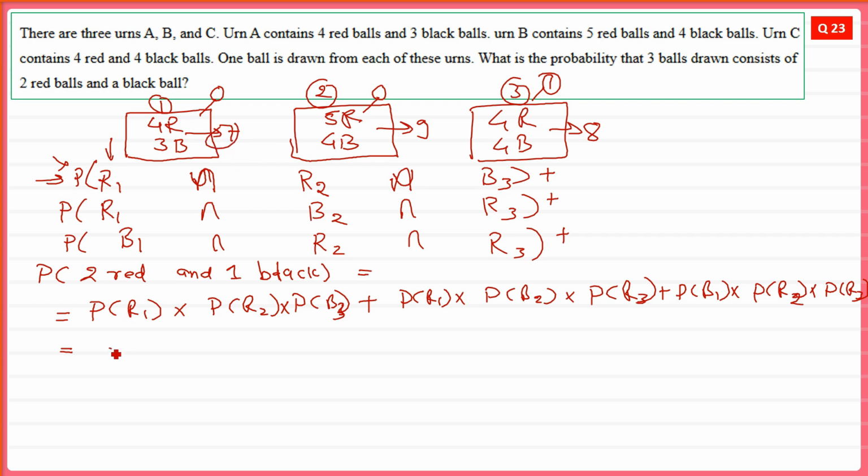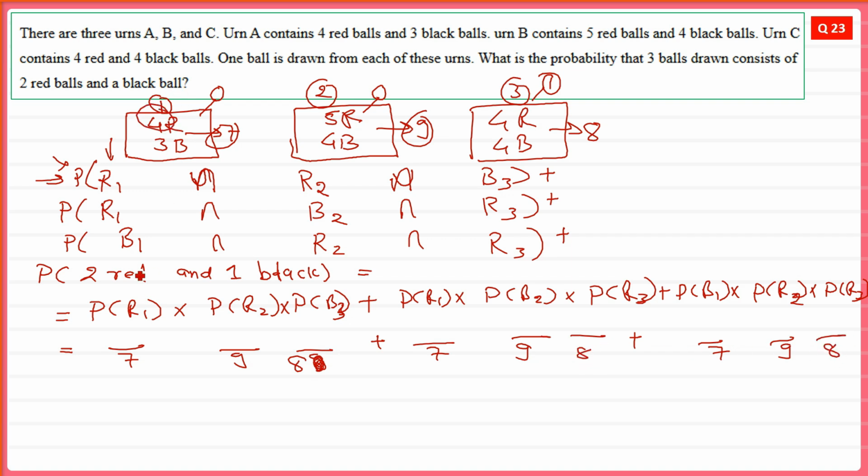Just write 7 wherever you have 1 as a subscript: P(R1), P(R1) and P(B1) all will have 7 in the denominator. Similarly, you have 9 for the second urn, 9 only for the subscript of 2. Wherever you get subscript 2, you write 9 in the denominator. Coming to the third urn, we have 8 in all, so wherever you have 3 as the subscript, place 8 in the denominator.